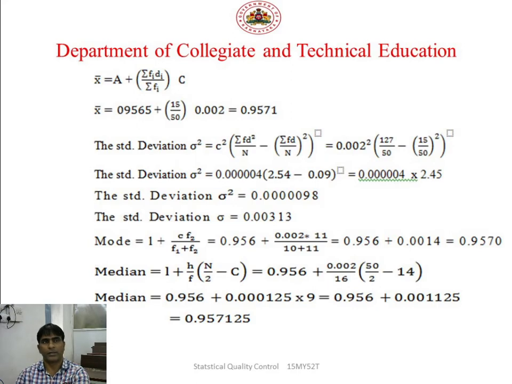The final answer we get is 0.957125. That is the median of the problem. So we have calculated everything he asked: histogram, Ogive curve, mean X bar, standard deviation, mode and median. Everything regarding this problem is calculated.